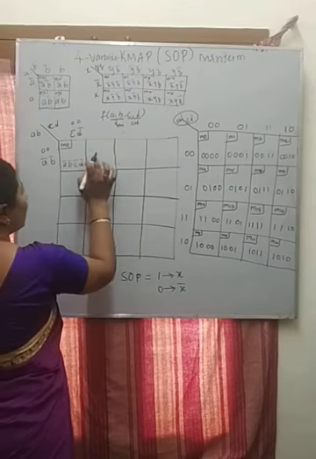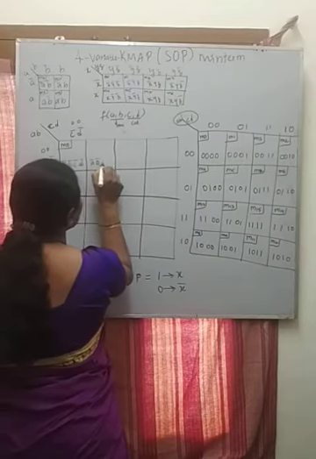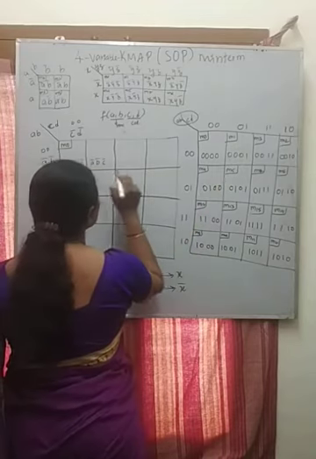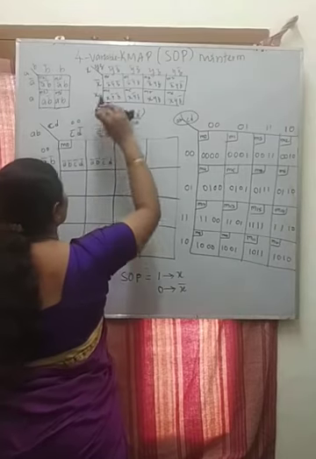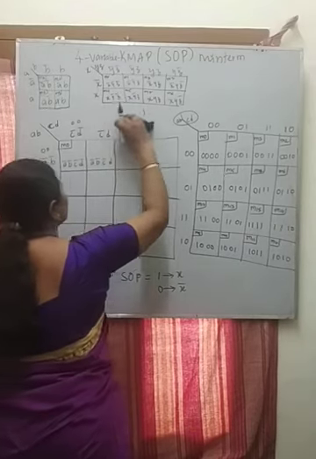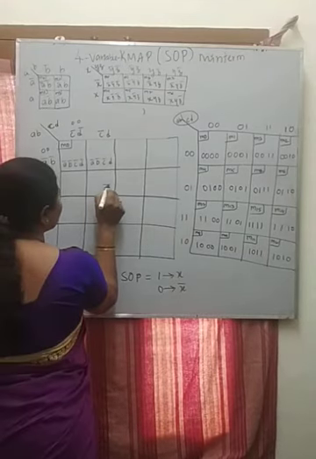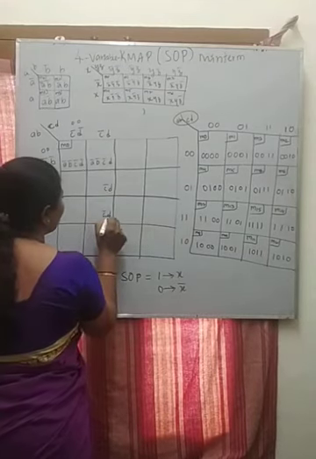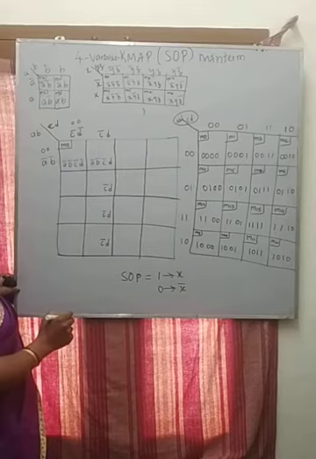Okay. Then how will I get M1? A complement, B complement, C complement, D. Then what is this? C complement D. Are you getting it? On this side, C complement D is common.